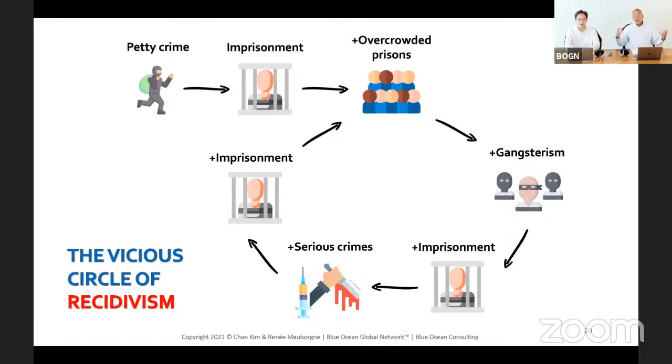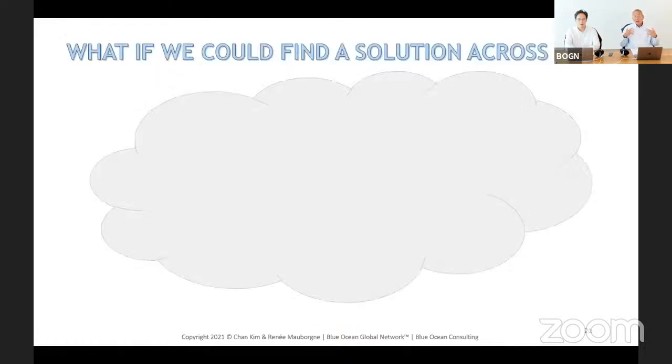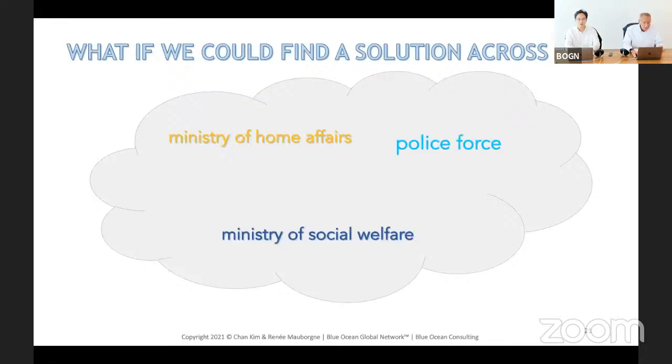So when we were brought in to look at this problem, we asked ourselves, what if we could find a solution to solve this problem, okay? Look at it with all the different ministries.